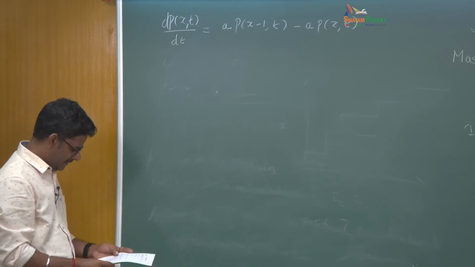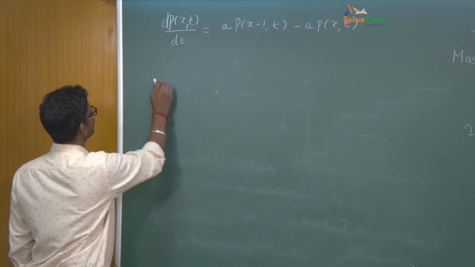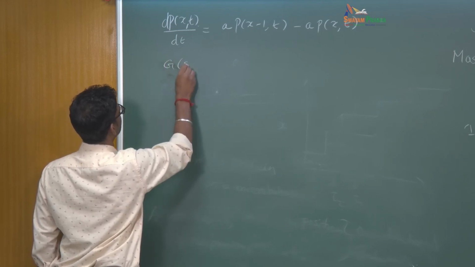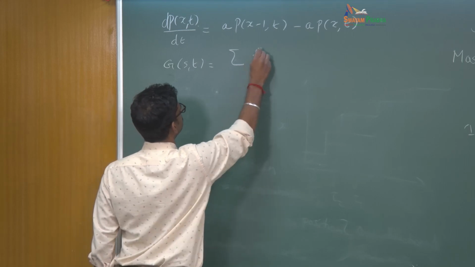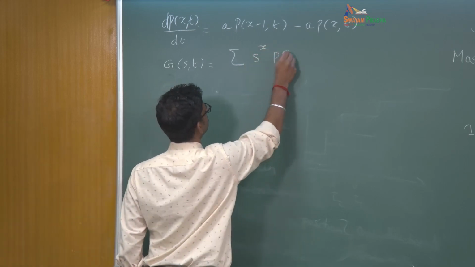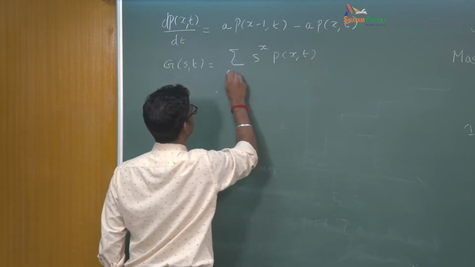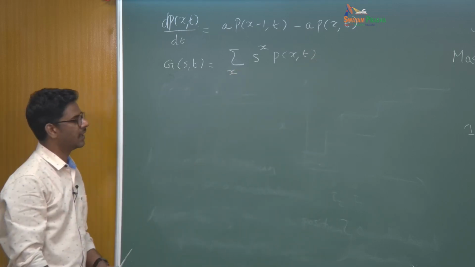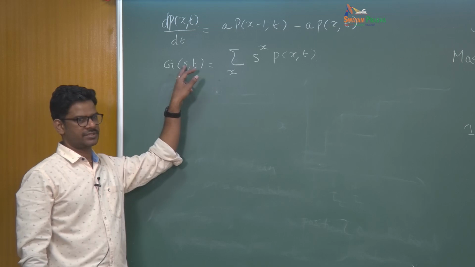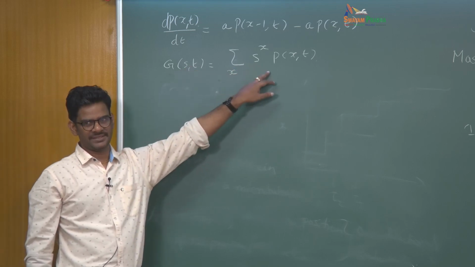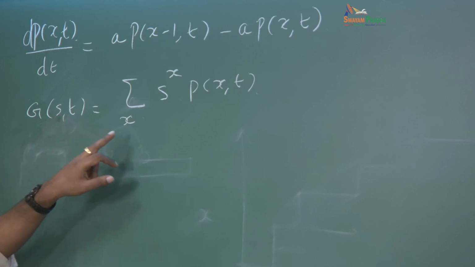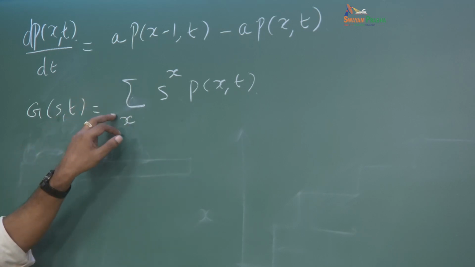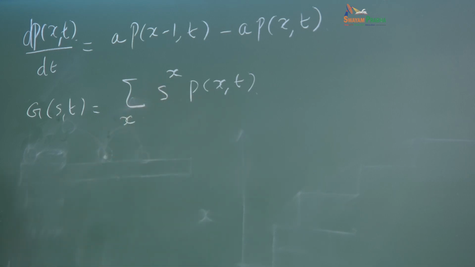Like in the last class, to solve this, we will define a generating function. In the previous class, I defined it with respect to some number n, but here I am using x. Okay, so s is a variable that I am defining as the sum over all possible x, s power x, p of x comma t.